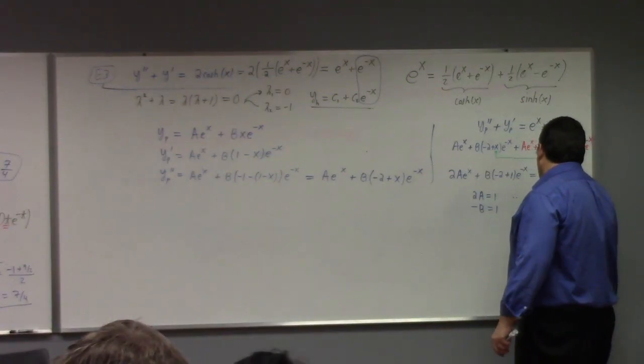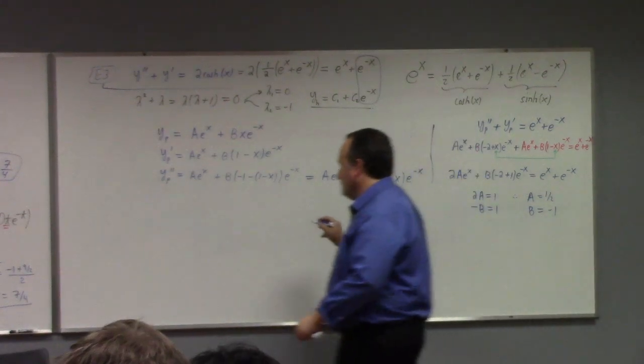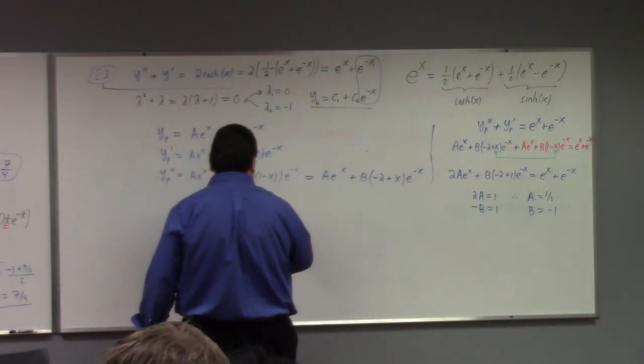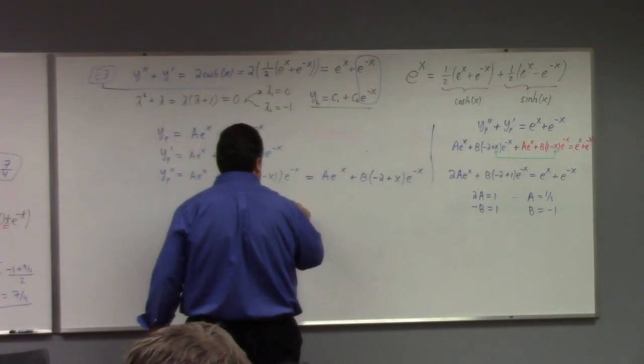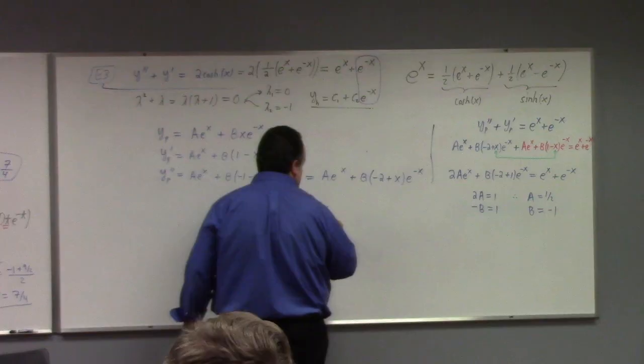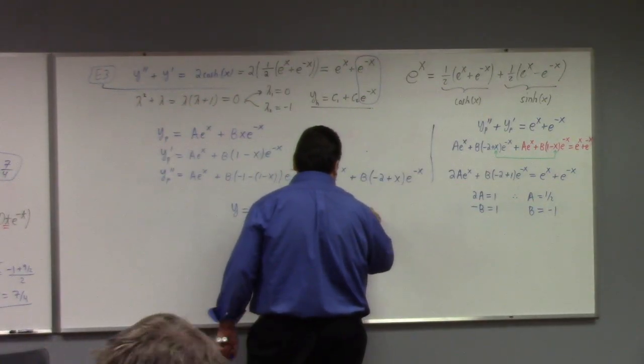So a is a half, b is minus 1. My solution is c1 plus c2 e to the minus x plus 1/2 e to the x minus x e to the minus x.